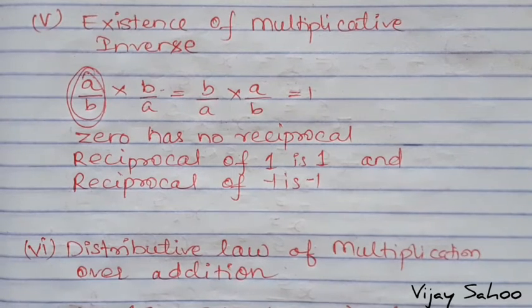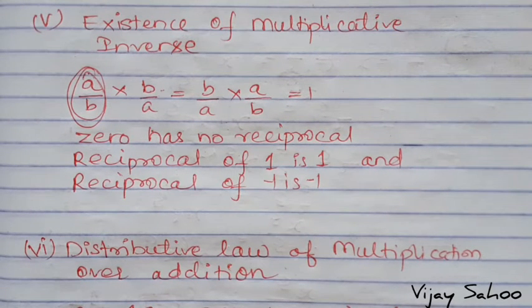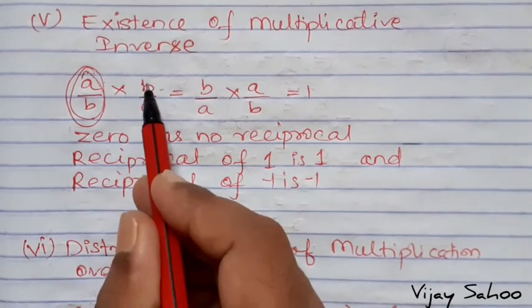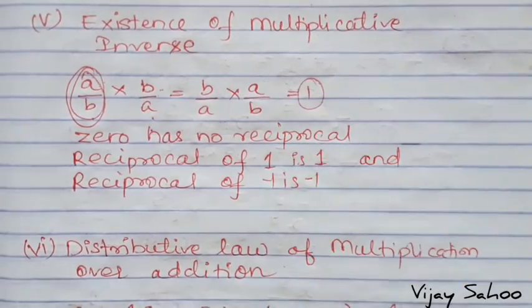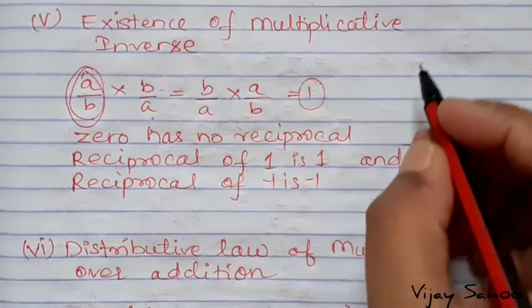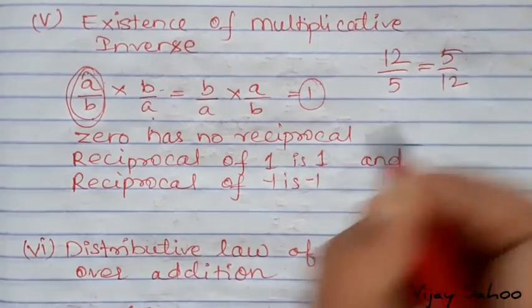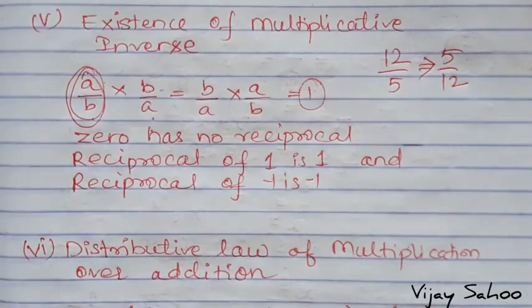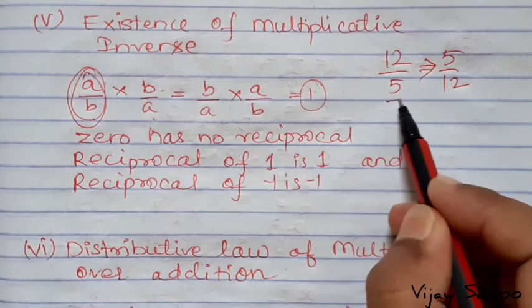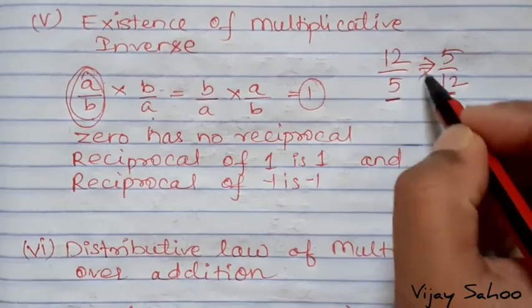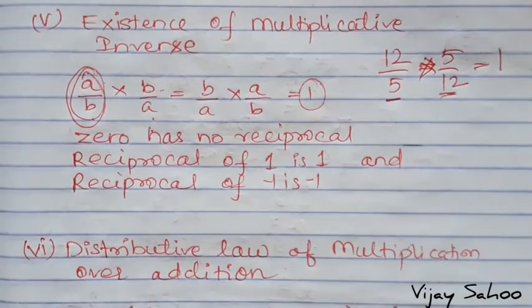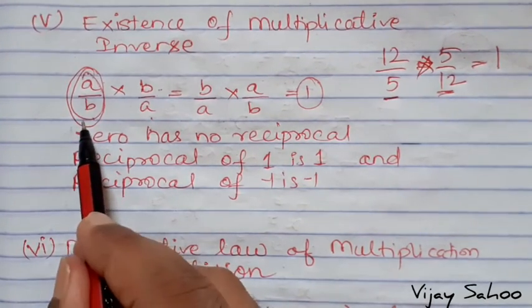Now if we multiply a by b and b by a, we will get 1. It means for every number, let us take 12 by 5, the multiplicative inverse will be 5 by 12. So every number has its multiplicative inverse, and if you multiply the number and its multiplicative inverse, you will always get the answer as 1.